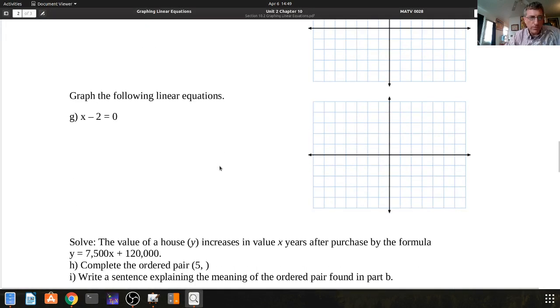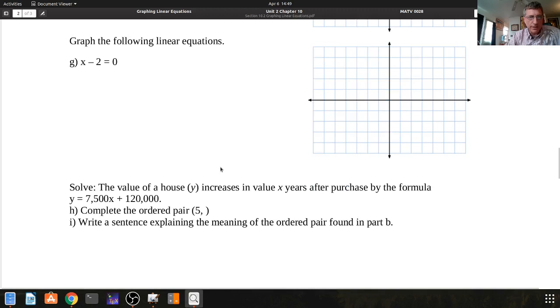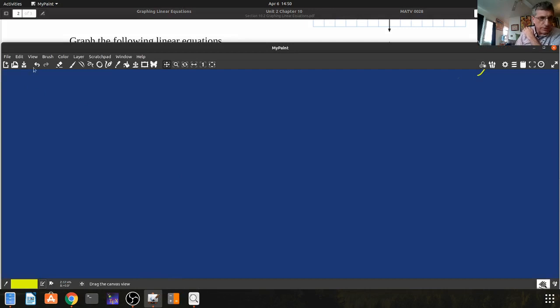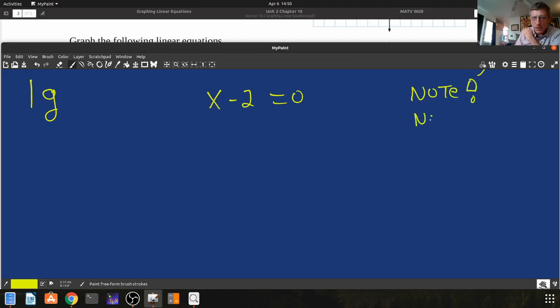So we've got one other thing. Oh, let's look at this one. x minus 2 is equal to 0. Well, that one's not going to be hard, is it? I hope you already see what's going on here. So this is, again, question 1G. And we're given the equation x minus 2 is equal to 0. We note no y variable appears.